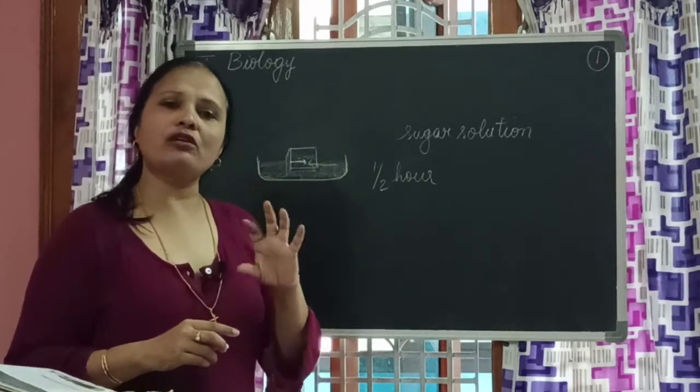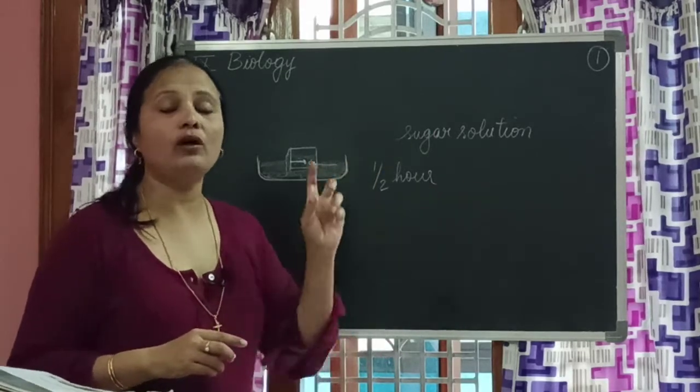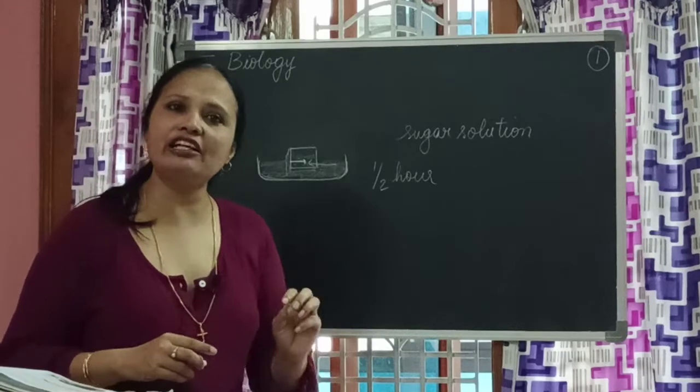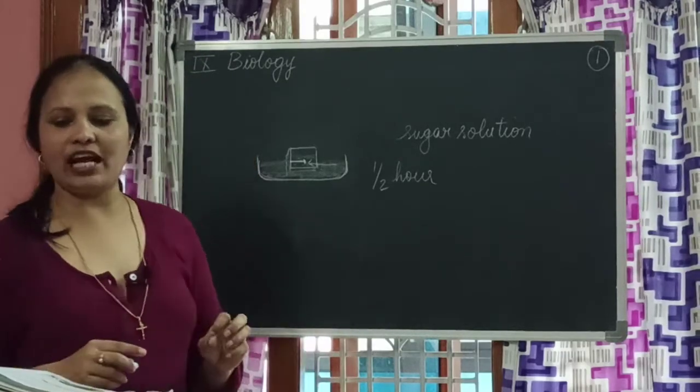The movement of water, or osmosis, takes place only in living cells. Even the raisin is a dried fruit, but it is not a dead fruit. So what do we understand from this?